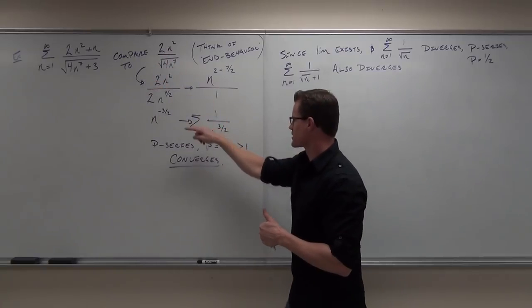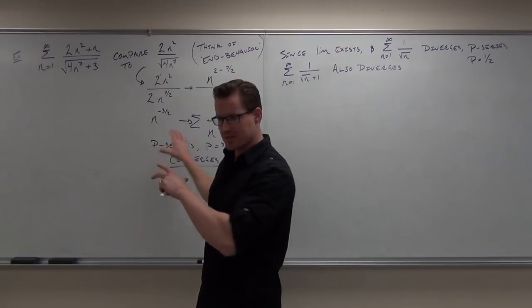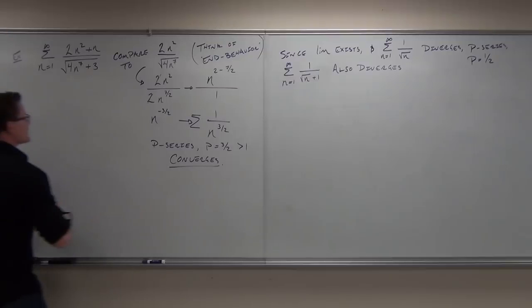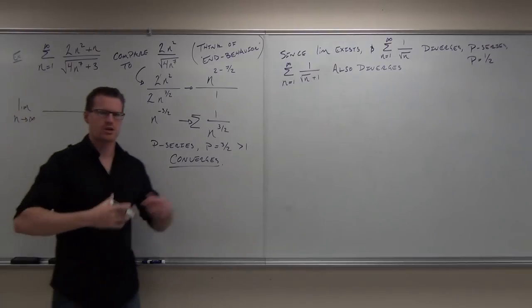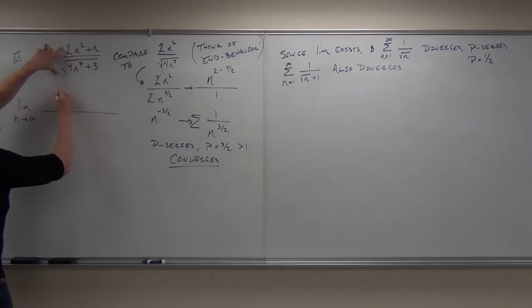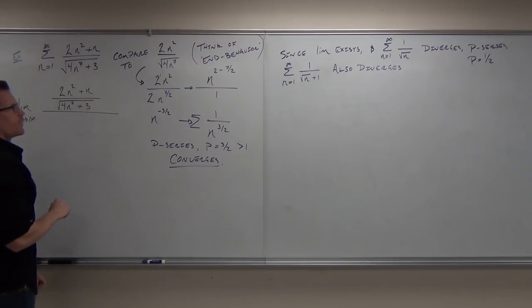End behavior would look like this guy. This guy is a convergent P series. So what we're going to do now that we've determined that this is a convergent P series, or even if it was a divergent P series, we compare this as a limit as n approaches infinity. What's going to go on the numerator of this ratio? The original one. Very good. Well put. So the original series, that's our a sub n, over what?